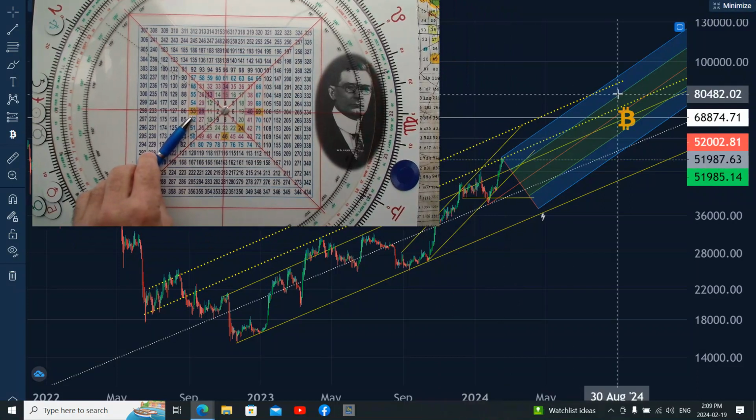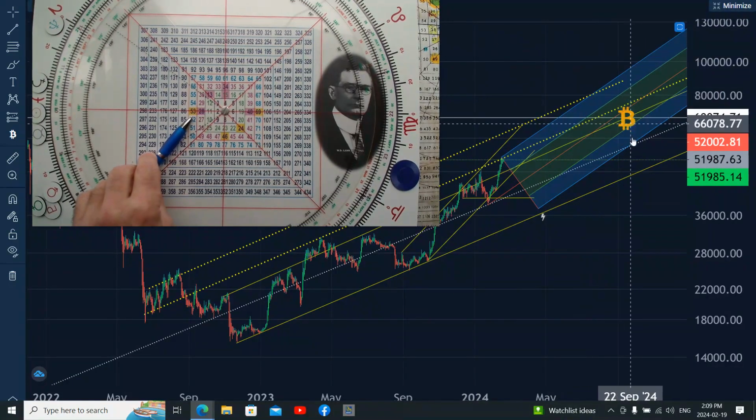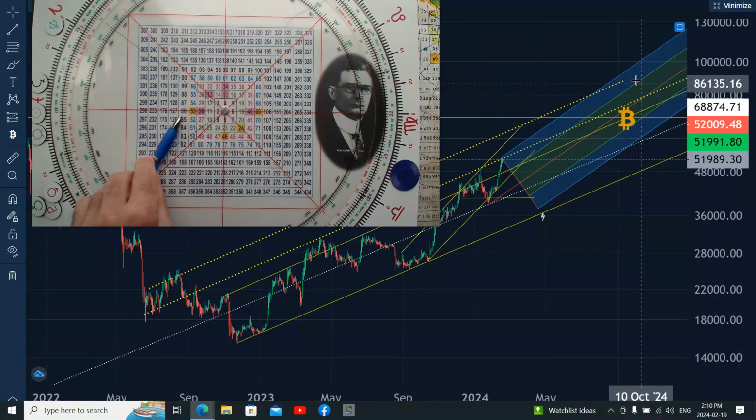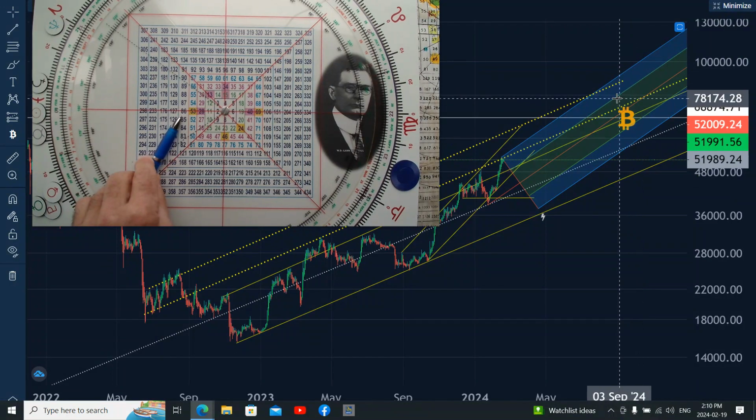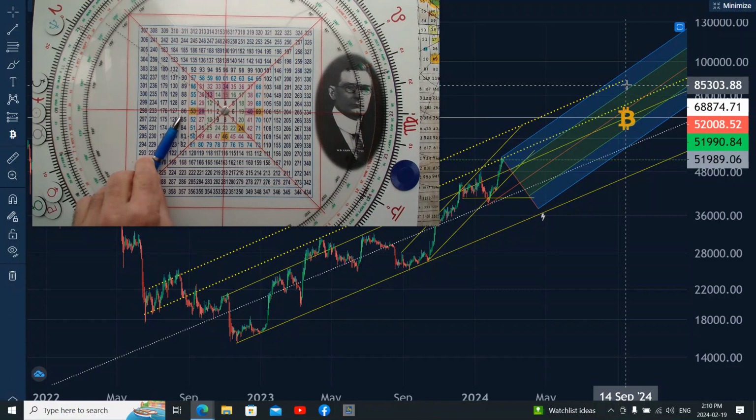We could easily bounce up and then come back down and sit back down on this before busting all the way up to around our 86,000 level. There's 86 right here. Is that going to happen? Well, it's possible, and it's probably likely too.